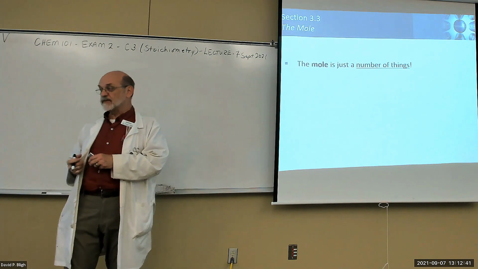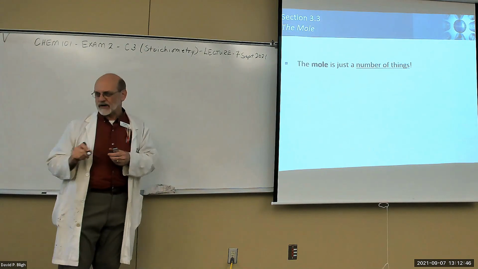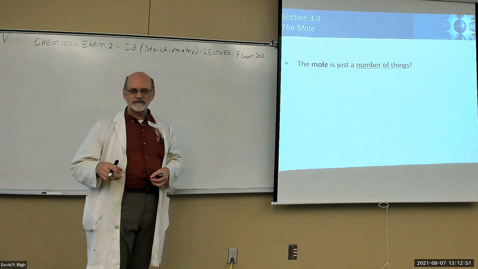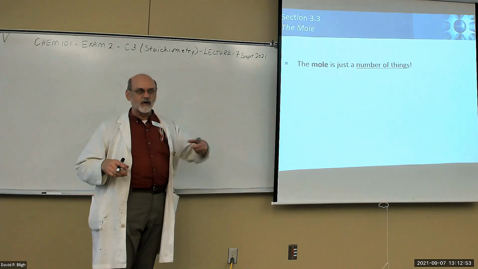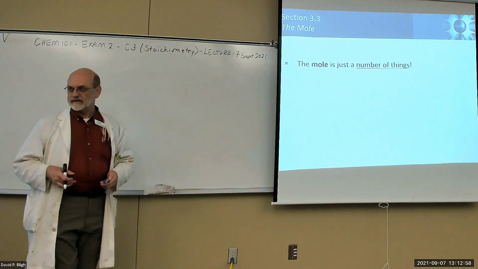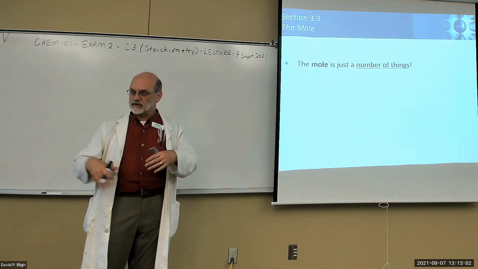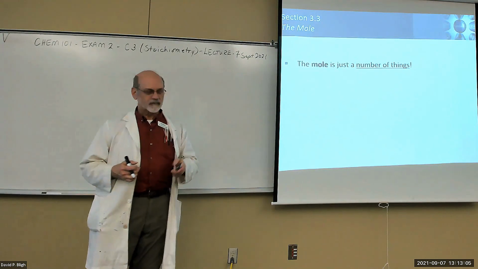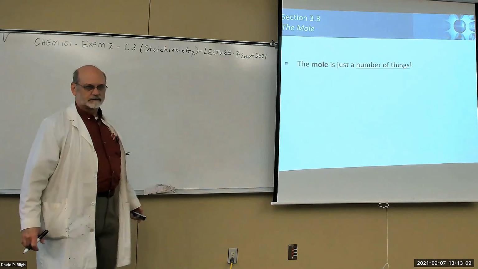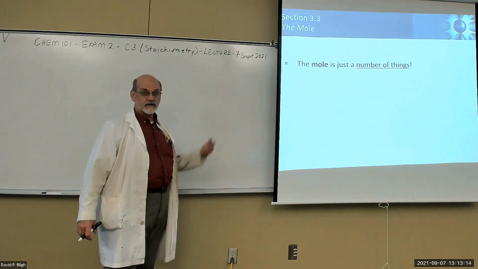And mole has to be a huge number. In fact, it's named Avogadro's number. He didn't determine it. They just stuck his name on it to give him credit for getting the ball rolling. So the mole is actually a number of things, any number of things. For us, the most important number of things is atoms and molecules and ions. But you could speak of mole in terms of, I don't know, basketballs or chickens, anything. You can have a mole of anything.